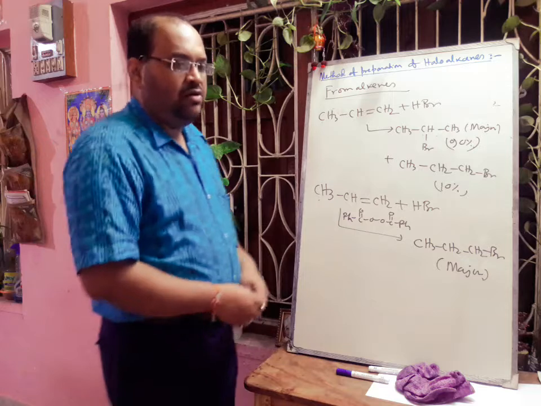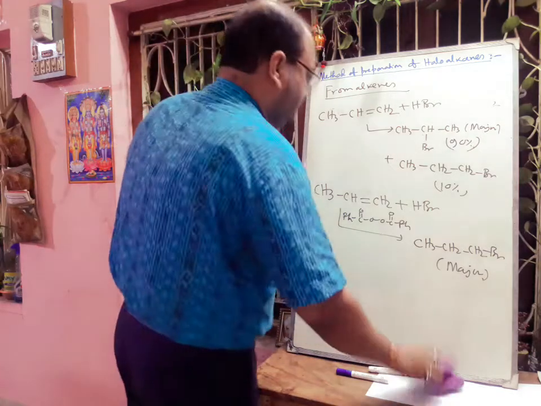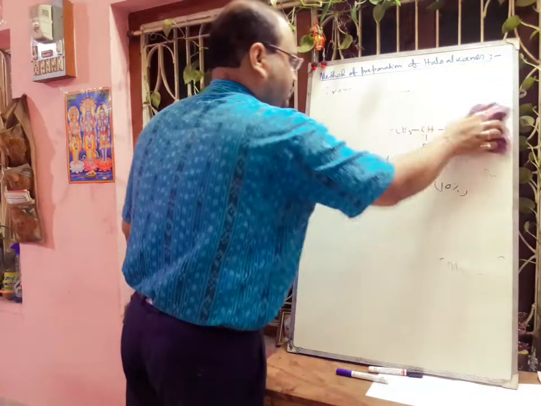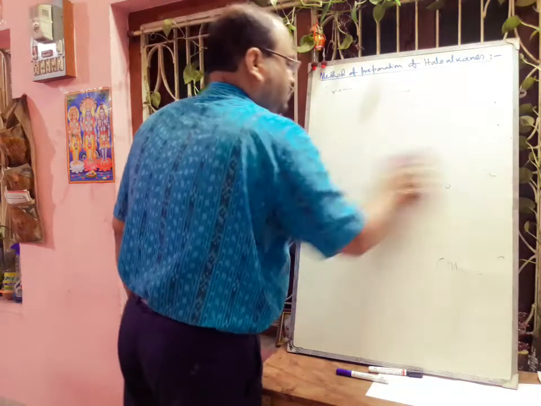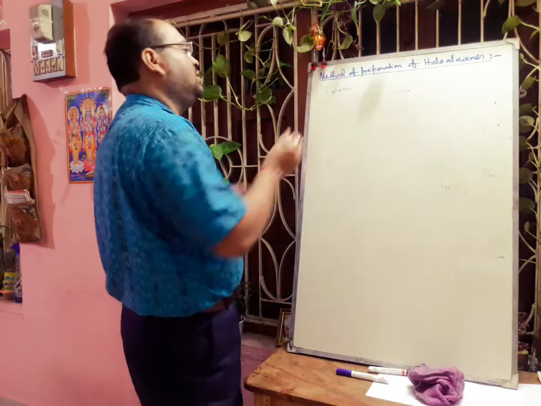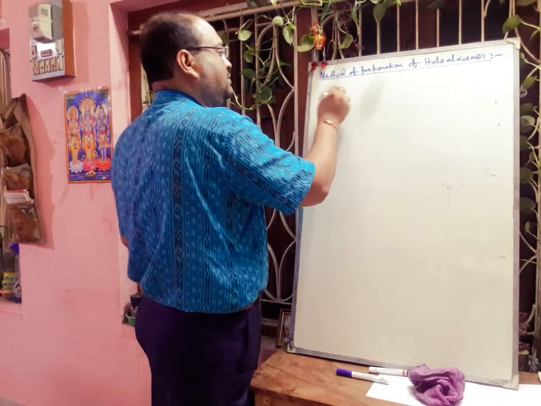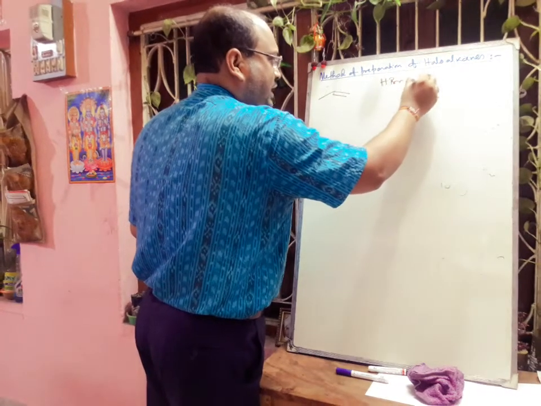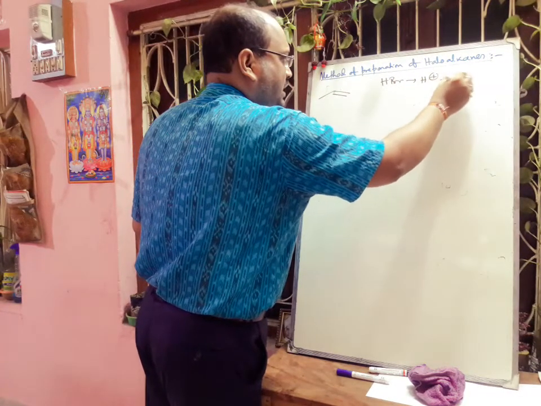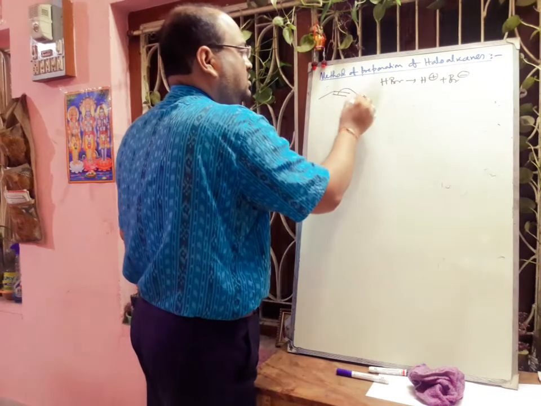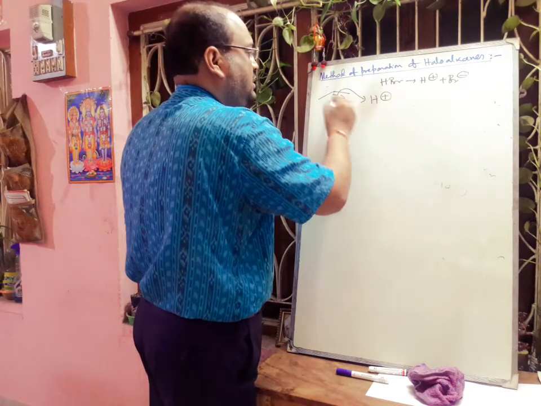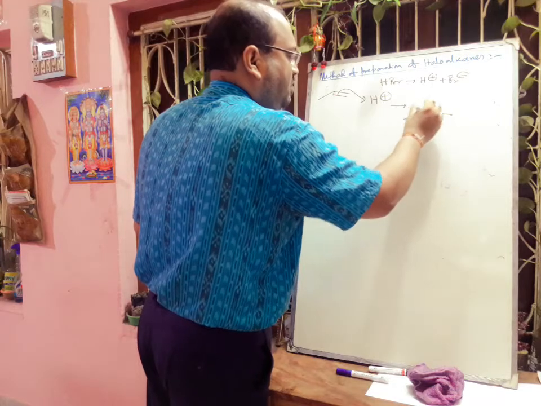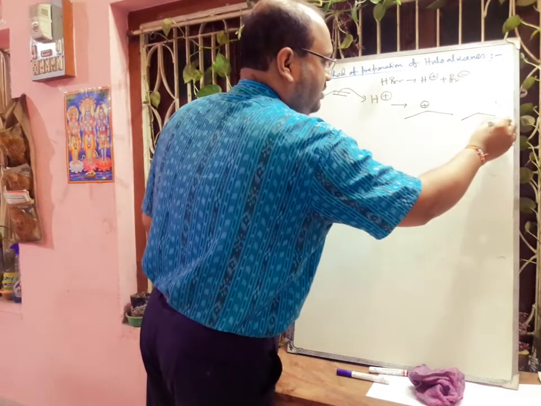Now we have to understand the mechanism, what is happening here. If we take this alkene, then first HBr will dissociate to H+ and Br-. So there will be addition of H+ to this double bond. Then there are two possibilities: formation of positive charge here and formation of positive charge here.